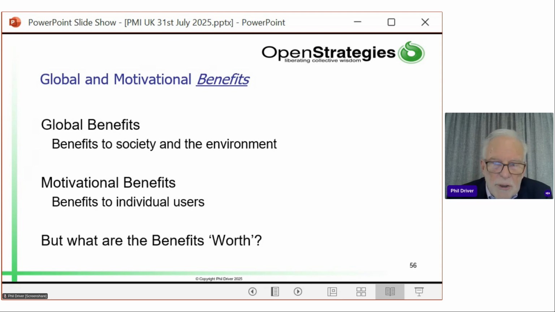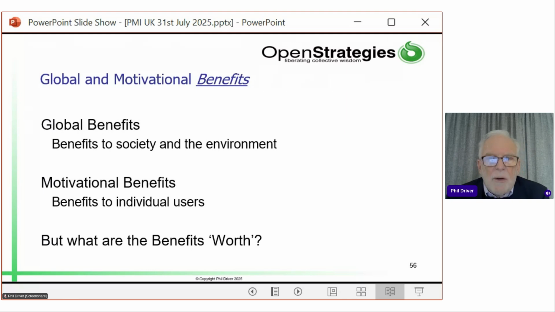Now, the project management industry tends to use the word value. I use the word worth, and that is very deliberate. Because if I'm working with stakeholders, they don't say to me, oh, I got great value out of that. They say things to me like, hey, it was worth it, or it wasn't worth it. So the language out in the world is worth, not value.